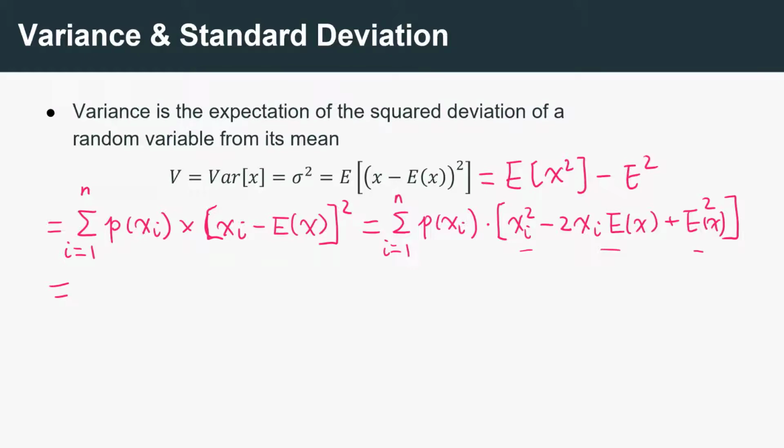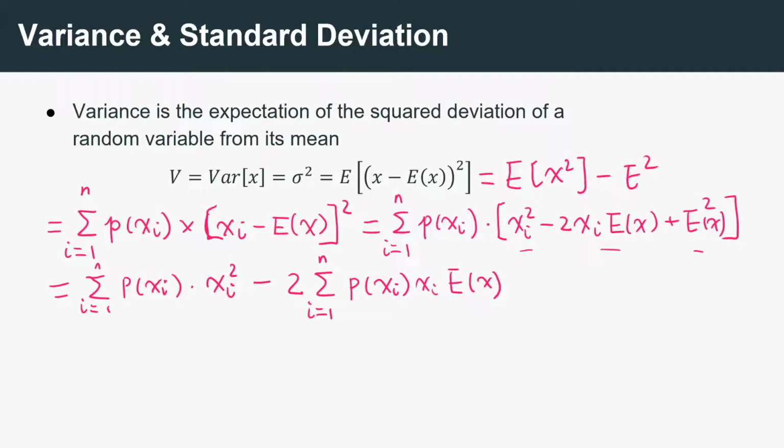So we will have the summation of p(xi) times xi squared, minus 2, which I put in front since it's not affected by the summation, times the summation of p(xi) times xi times the expectation of x, and finally the summation of p(xi) times E squared.